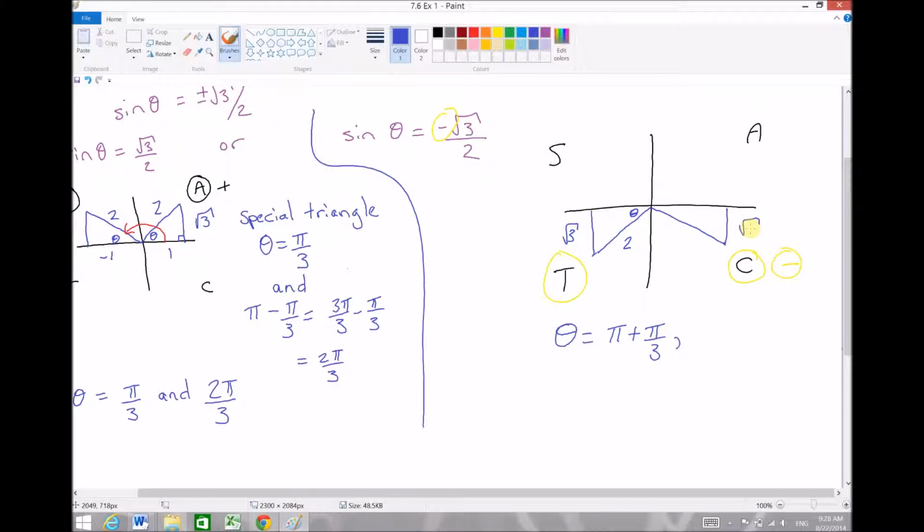So for these two angles, we have pi plus pi over 3. Oh, that's what we're missing, the negative, because they're negative y values. And 2 pi minus pi over 3 is the value in the fourth quadrant.